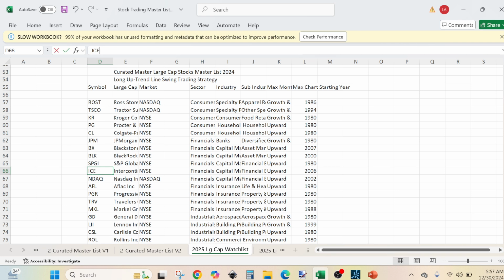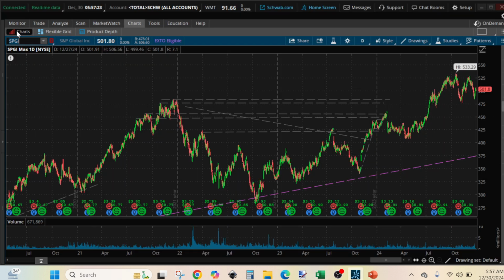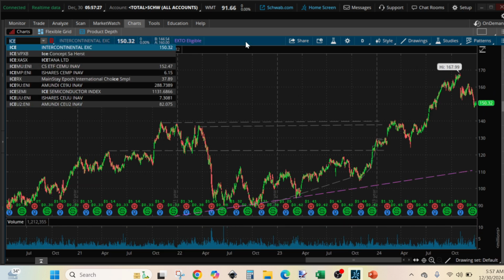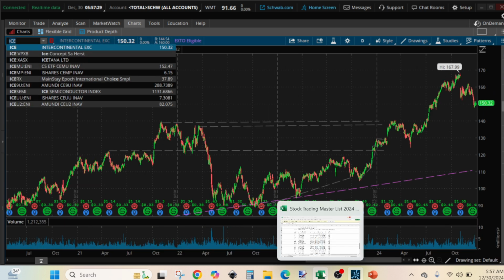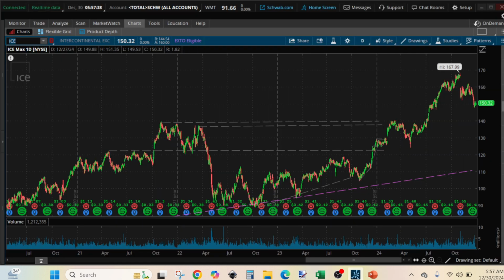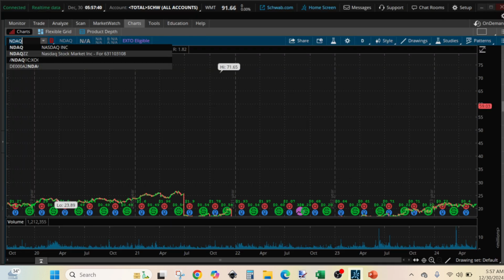ICE is nowhere near it, and the trend lines I like to buy on are colored in purple. I think that is purple, at least it looks purple to me. I'm not very good with colors.